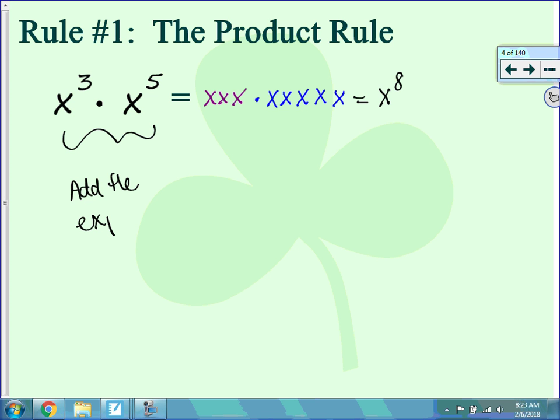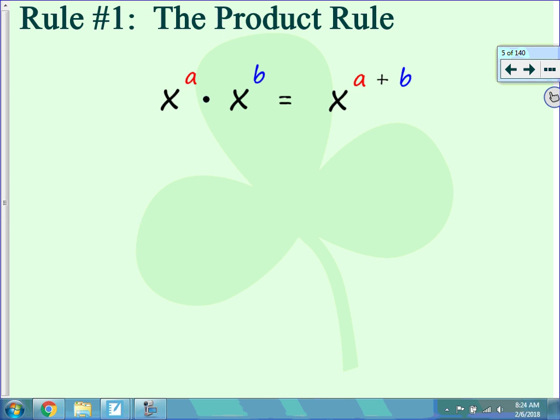And it makes sense when you write it out, because x cubed is 3 x's being multiplied, x to the 5th is 5 x's being multiplied. So in total, you have 8 of them. So what you can do shorthand, instead of writing it all out, is you can just add up the exponents. So this is the product rule, which says when you're multiplying 2 numbers with the same base, you add the exponents.